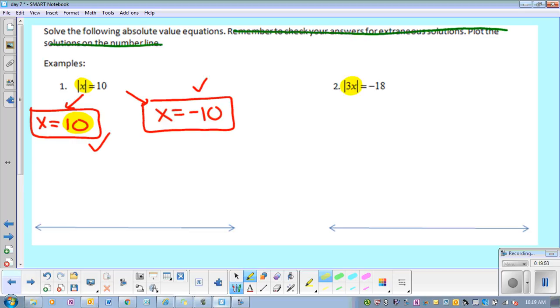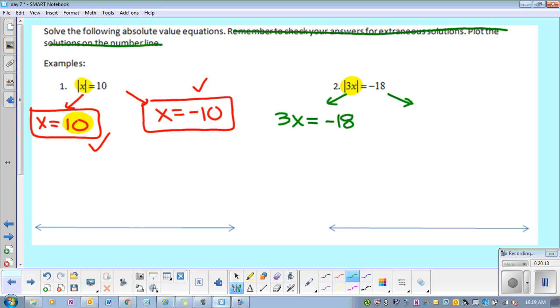Number 2, I want to get the absolute value all by itself on one side. Is it? Yeah. Alright, so now I'm going to drop the bars, write it twice. 3x equals, wait a minute, what number is on the left? Negative 18.